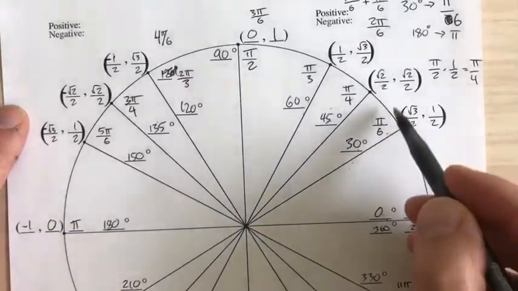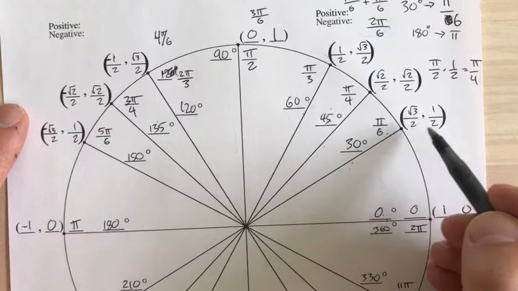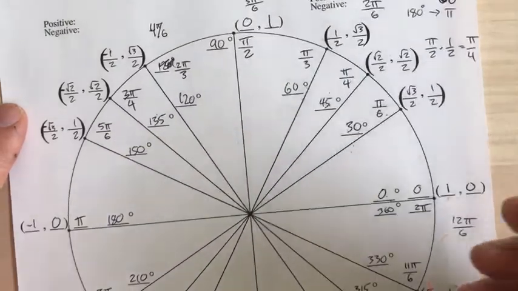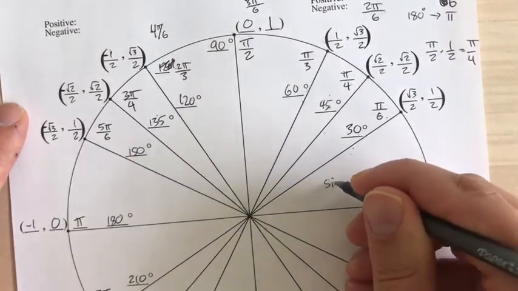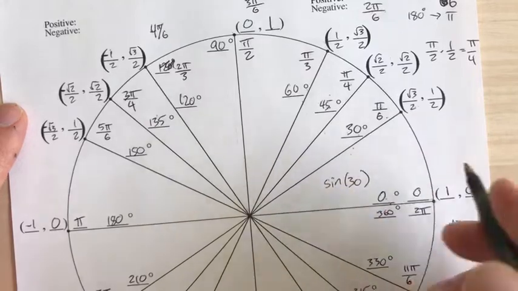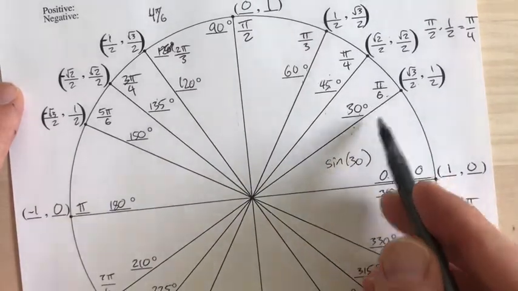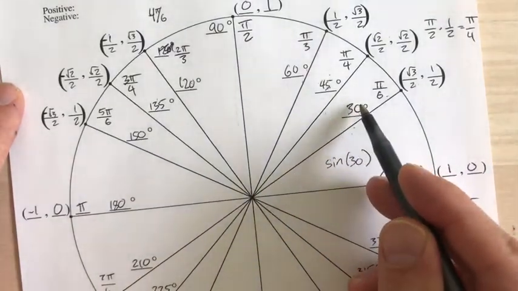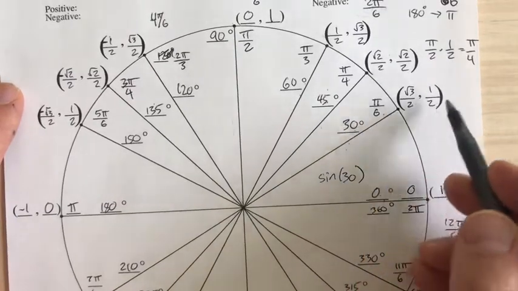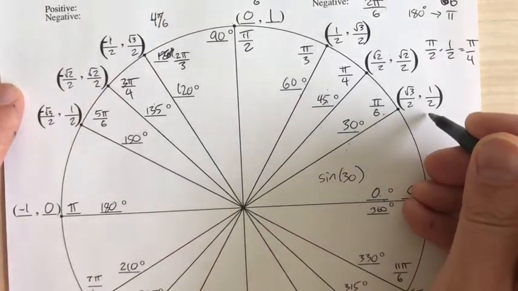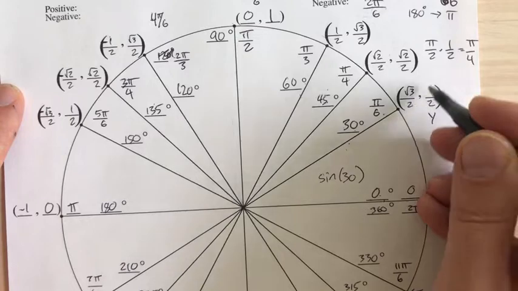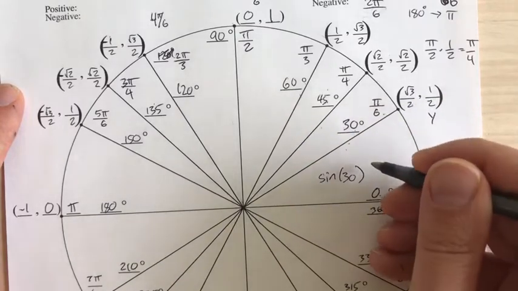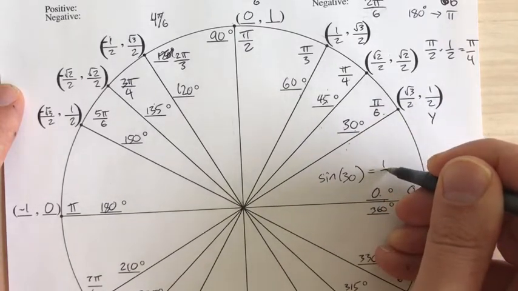Since each of these numbers came from either doing a cosine or a sine problem, if I were to say what is the sine of 30 degrees, well, I know that this 30-degree angle, I know that this length here, this y-coordinate, came from a sine problem. So the sine of 30 degrees is 1/2.